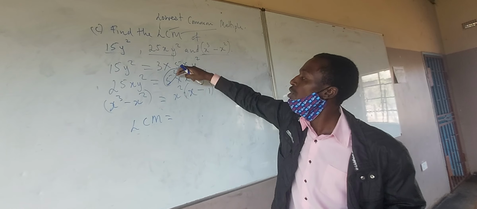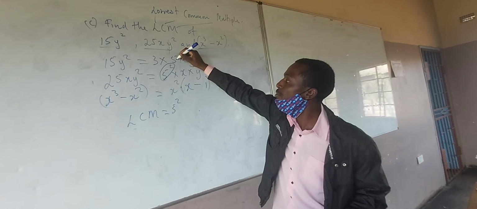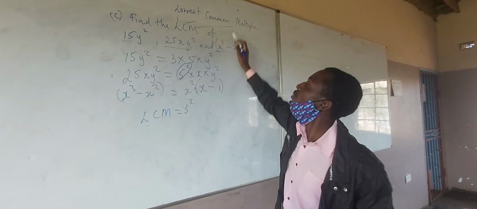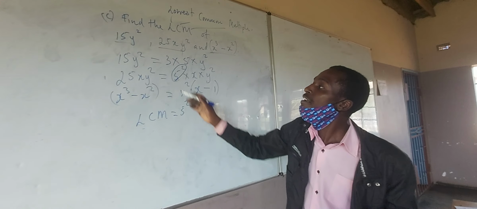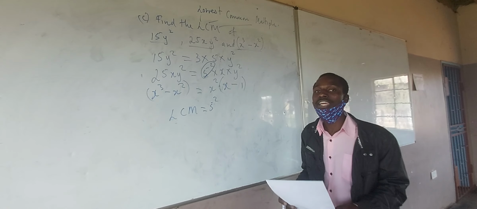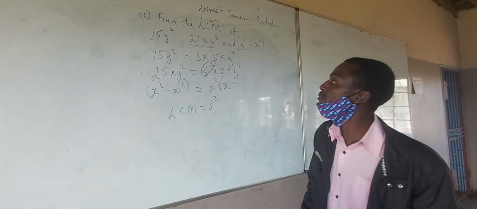So we have to consider this one, which is 5 squared. Why? Because this 5 already can get into this one. The lowest common multiple is a number into which all the given factors get without leaving any remainder.